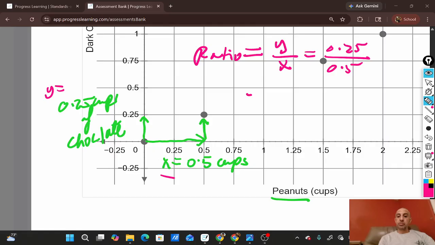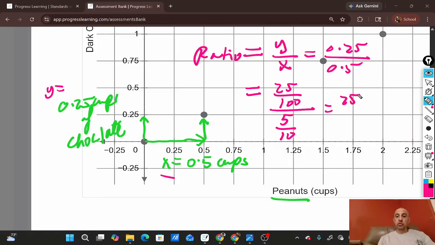So this ratio is 0.25, which is 25 divided by 100, divided by 5 divided by 10.